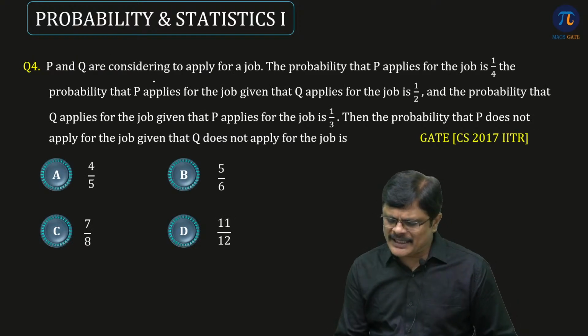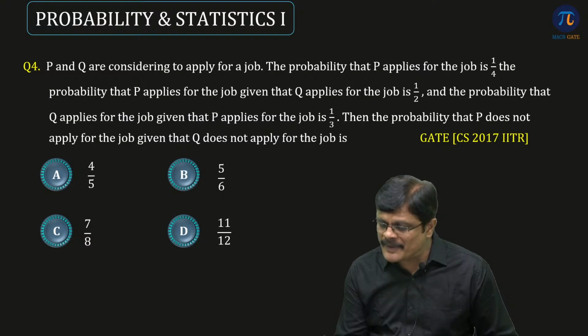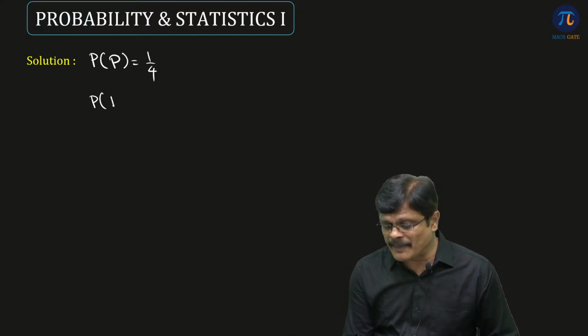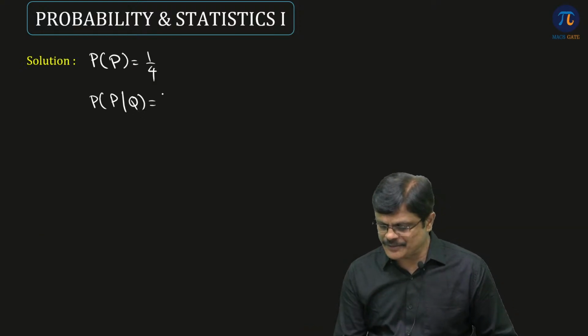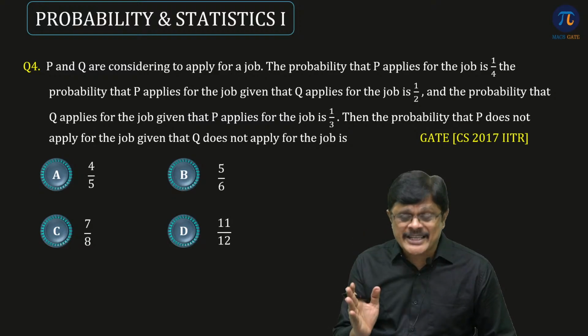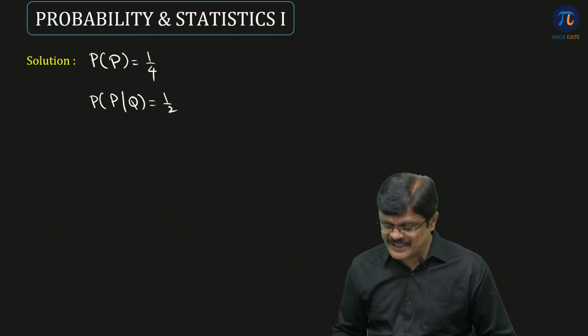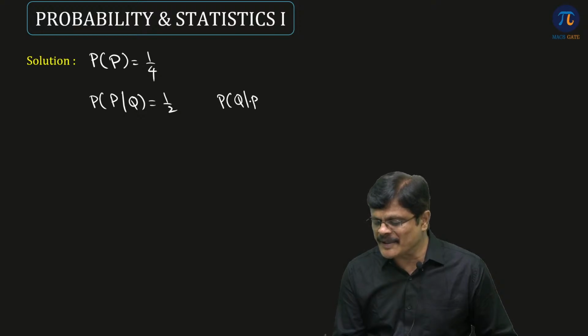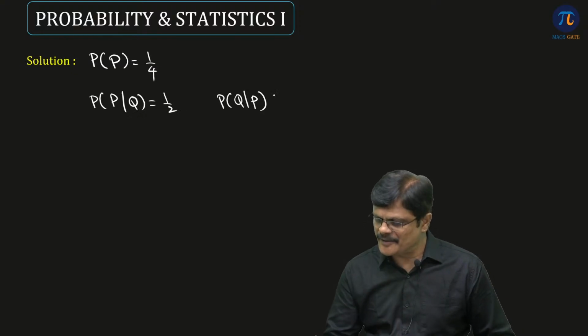Probability that P applies for the job given that Q applies for the job is 1/2. Probability that Q applies for the job given that P applies for the job is 1/3.